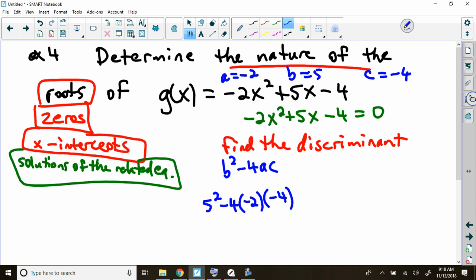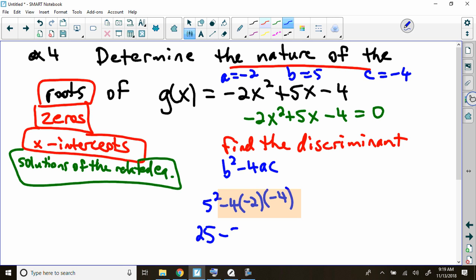Some people really don't like the way I calculate these. 5 squared is 25. Remember, we have this block of these 3 numbers. Negative times a negative times a negative. That's going to make that negative, right? 4 times 2 is 8 times 4 is 32.